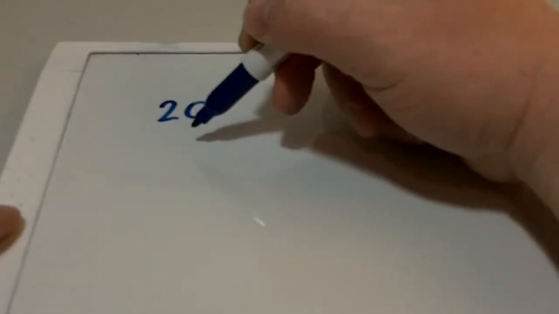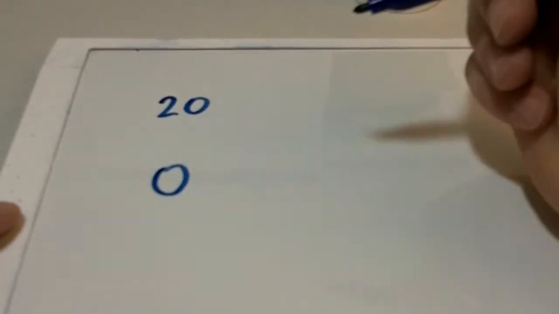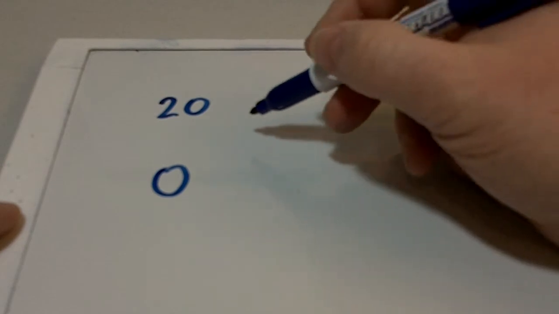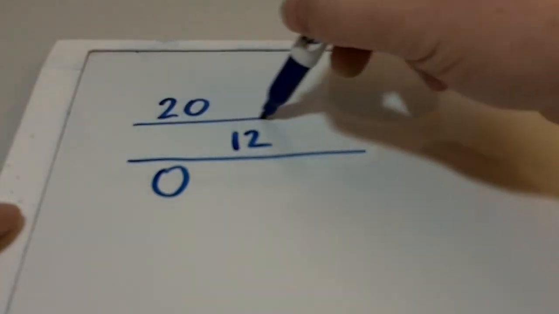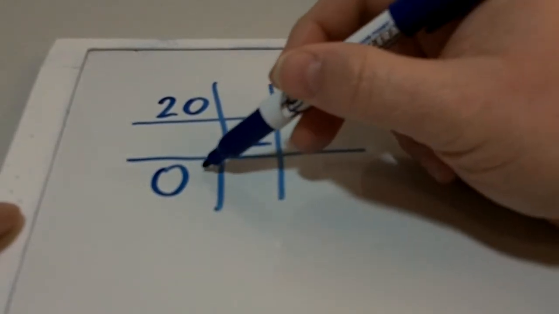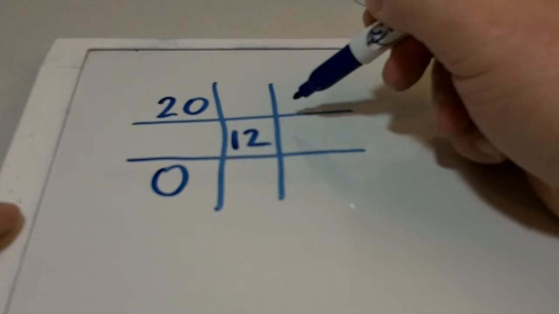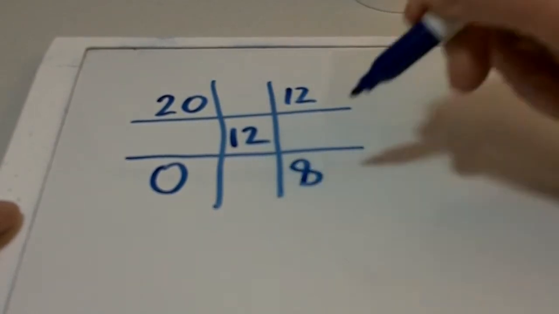So you have a 20% solution, which is your higher strength, and a 0% solution, which is your water, and a 12% solution, which is your desired concentration, so that'll go in the middle of our tic-tac-toe grid. Diagonally figuring out the difference, we have 12 here and 8 this way.